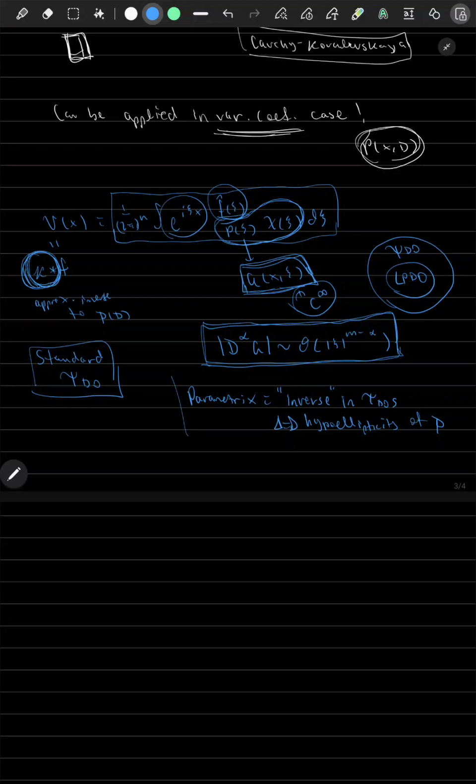But we have this property here, so it would be natural to want to extend this space further, such that we can also always invert hypoelliptic operators.